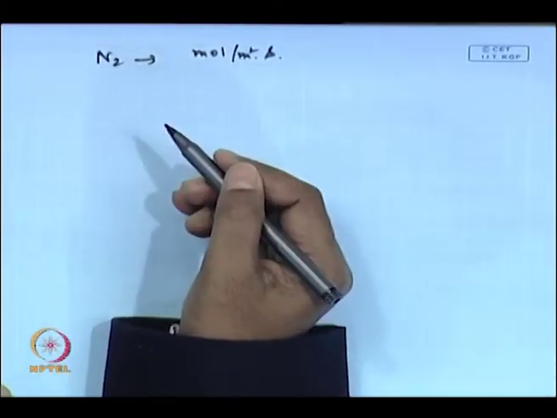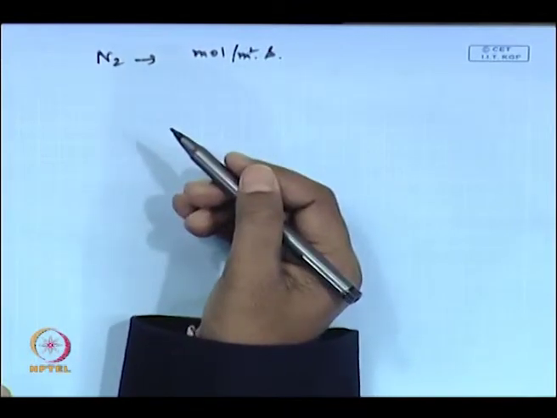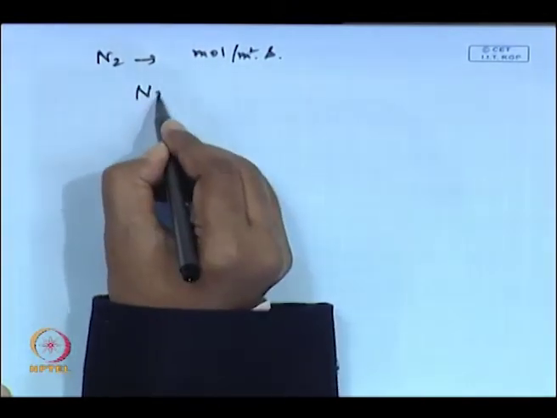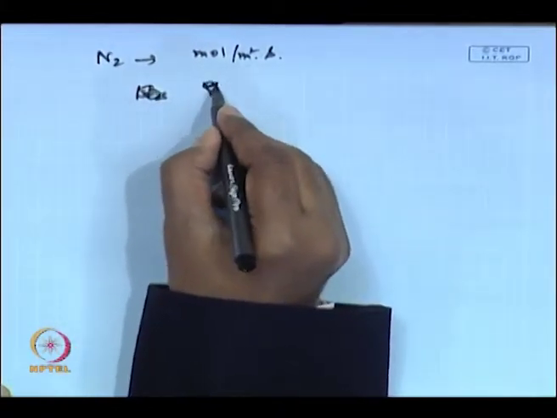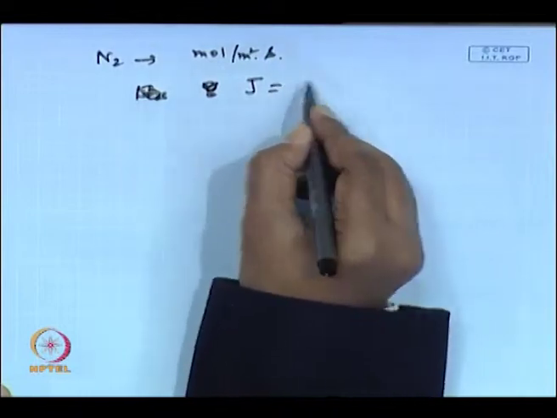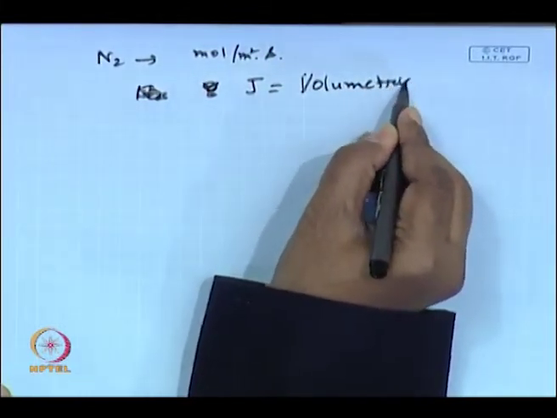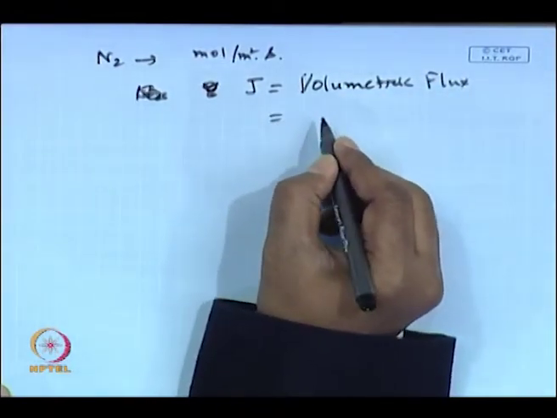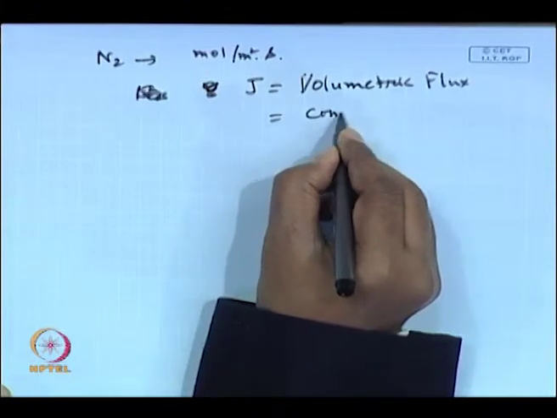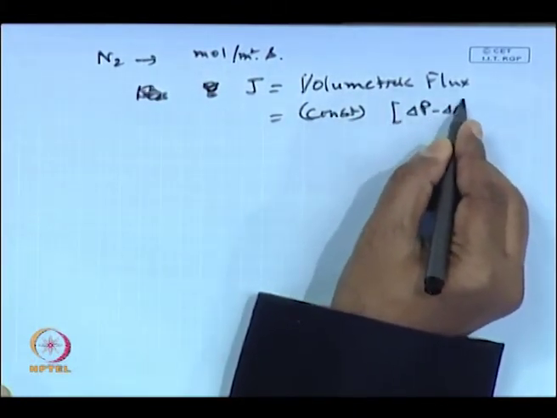You can convert it into the volumetric flux by multiplying with the density and the molecular weight. So, N2 becomes, let us say, J, which is nothing but volumetric flux, and a group of constants. So, it will be another constant times delta P minus delta pi.